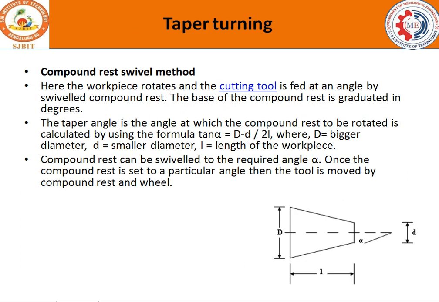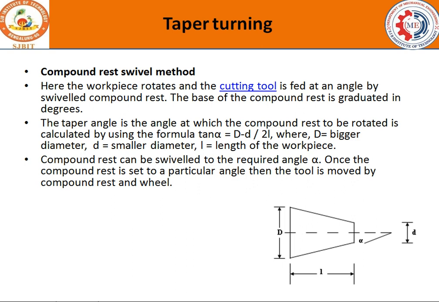So taper turning is carried out to get a tapered surface on the workpiece. It is set at an angle by the swivel compound rest. The base of the compound rest is graduated in degrees. The taper angle, which is the angle at which the compound rest is to be rotated, is calculated by using the formula tan alpha is equal to (D minus d) by 2L, where capital D is equal to the bigger diameter, small d is equal to the smaller diameter, and L is equal to the length of the workpiece.